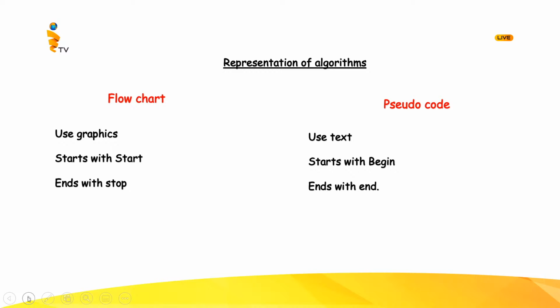These are basic differences between flowcharts and pseudocode. In your exam, you will be asked to draw a flowchart, or maybe you will be given a flowchart and you will have to write the pseudocode which matches the given flowchart. First, we will learn how to draw a flowchart.